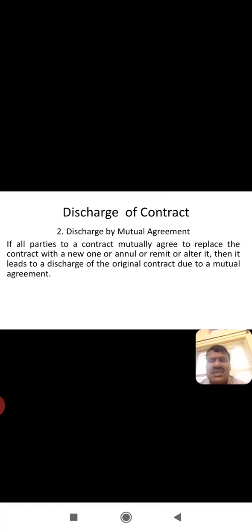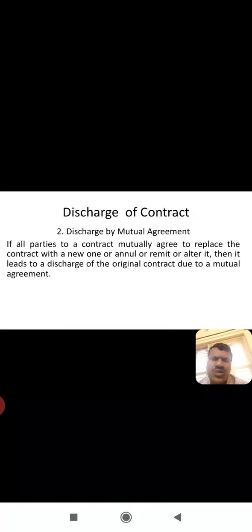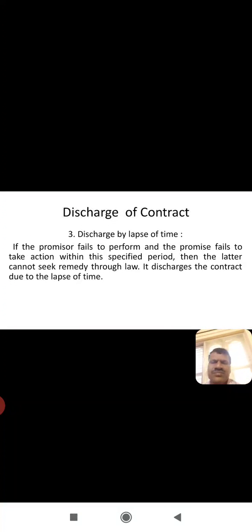Second one, discharge by mutual agreement. If all the parties to a contract mutually agree to replace the contract with a new one, or annul, remit or alter it, then it leads to discharge of the original contract due to mutual agreement.